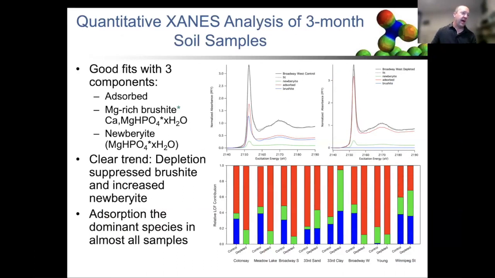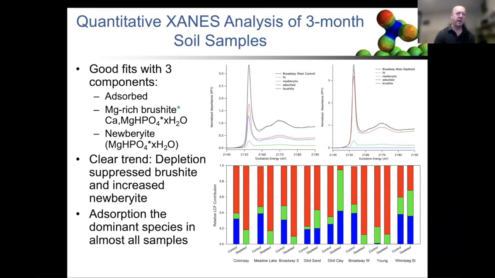And when we did that, what we found was that if we manipulated the samples by getting rid of the carbonates before we started the experiment, then we would basically form magnesium phosphate phases. If we didn't, we formed a mixture of this magnesium substituted brucite as the dominant phase.